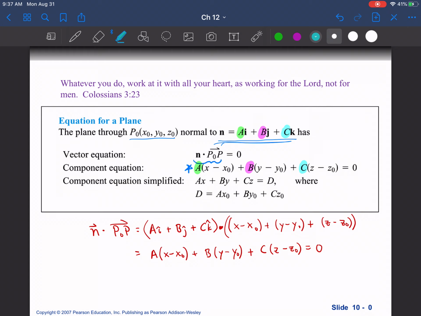We get a constant d that ultimately is ax naught plus by naught plus cz naught. But that again leaves us with our coefficients being the components of our normal vector, and then d on the other side is some combination of this part.